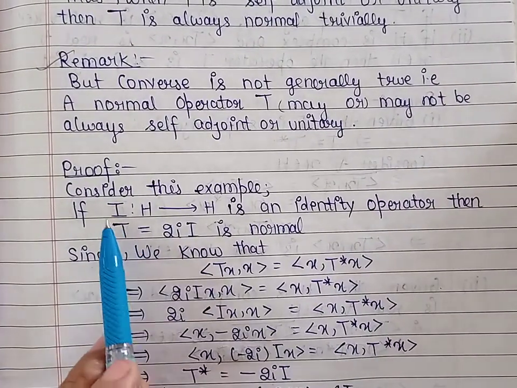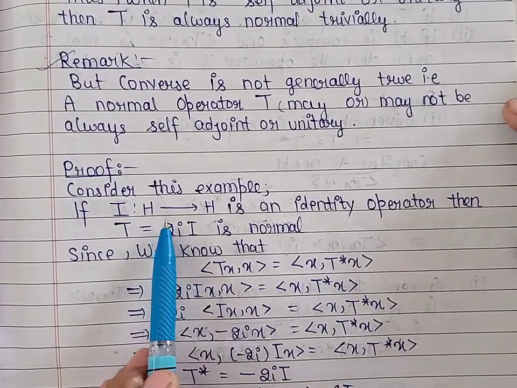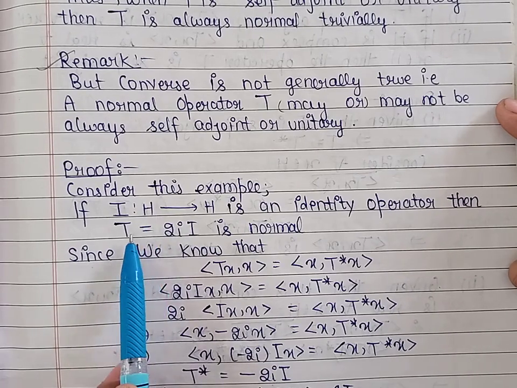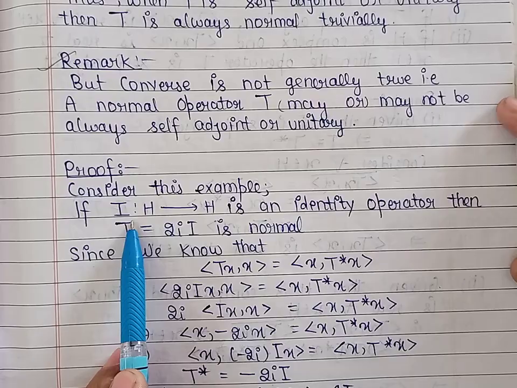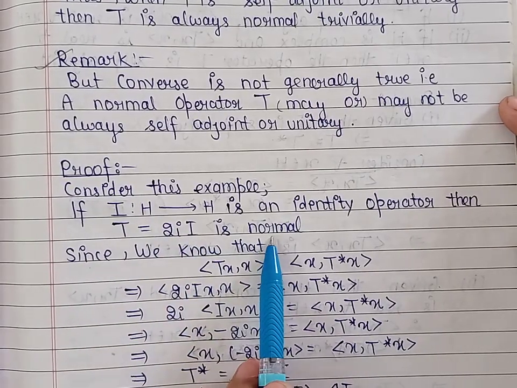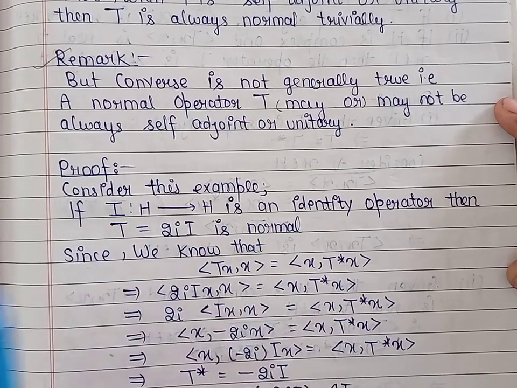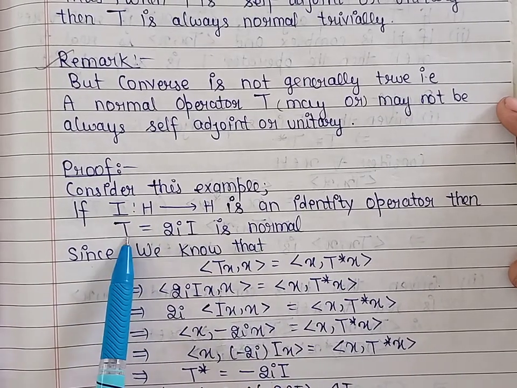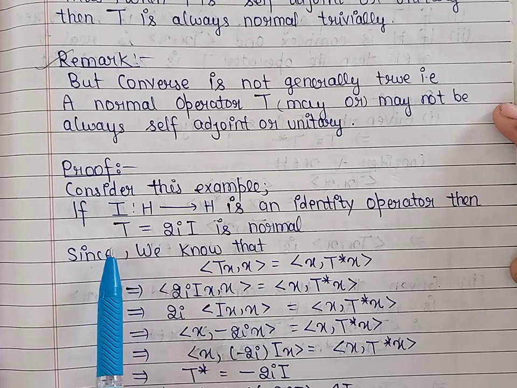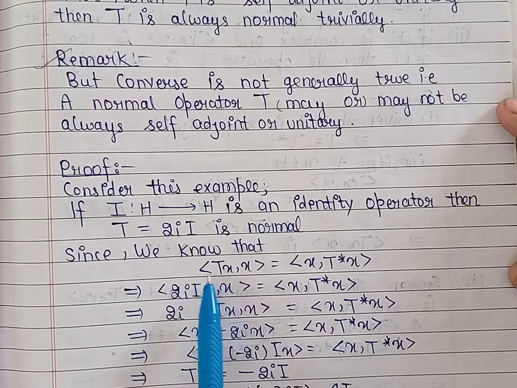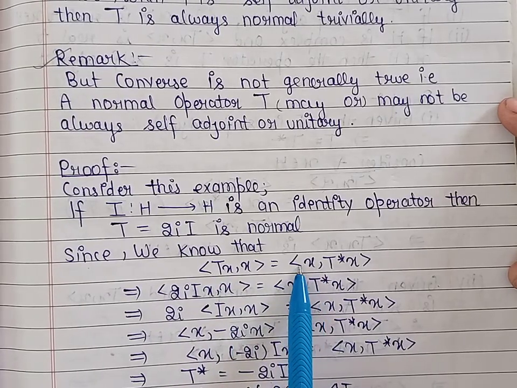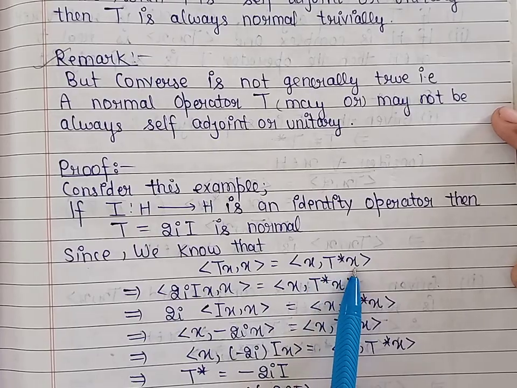Let us take the identity operator defined on the Hilbert space H. Then we show that the operator T defined by 2 iota into I is normal. To show this T is normal, let us prove that T into T star is equal to T star into T. Now, the inner product of Tx with x is given by the inner product of x with T star x.